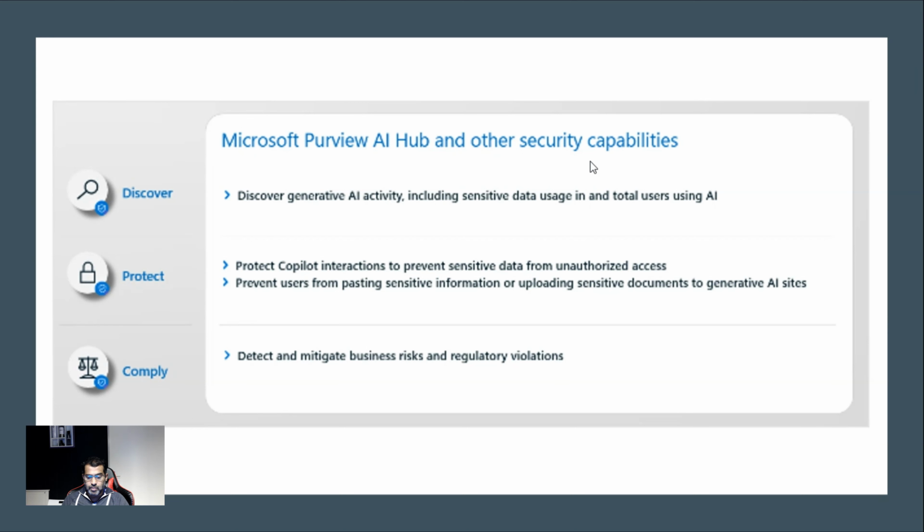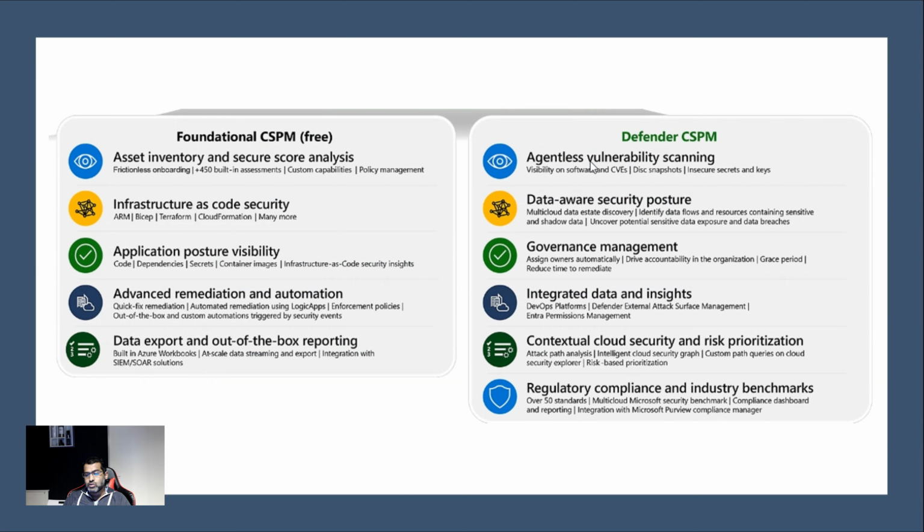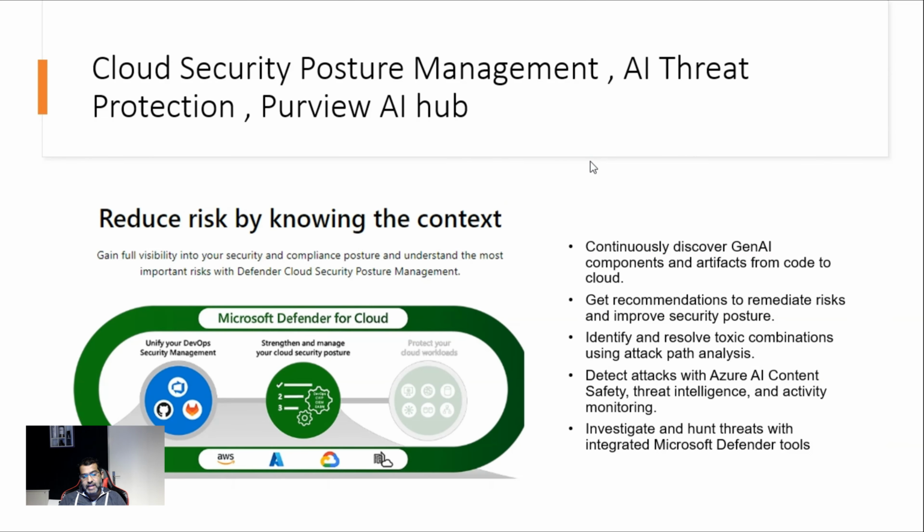And for compliance, you can detect and mitigate business risks and regulatory violations. This is very important. So when you're starting up any AI, it's always better to explore cloud security posture management, also have the Microsoft Purview AI Hub, and also include the AI threat protection.